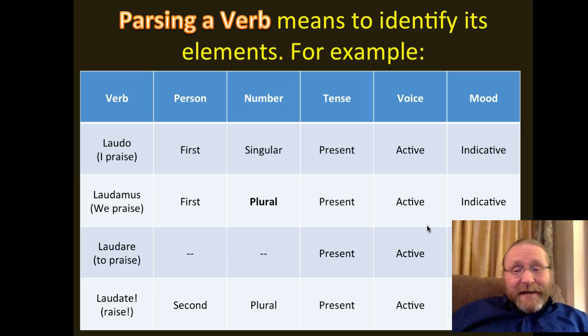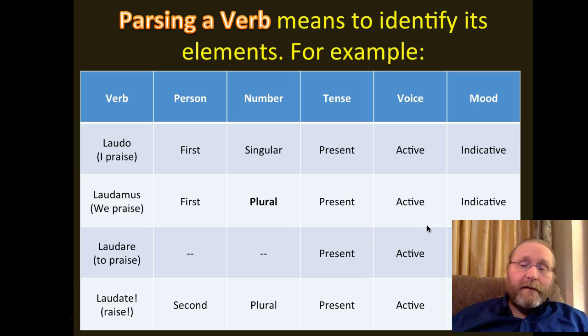Now, you'll be asked every once in a while to parse a verb. And to parse a verb means to identify those 5 elements, what they are. So I've placed a bit in a grid here, and so with laudo in Latin, it's first person. It has a first person personal ending, and it is singular because it's only I. Its tense is in the present, its voice is active, and its mood is indicative.